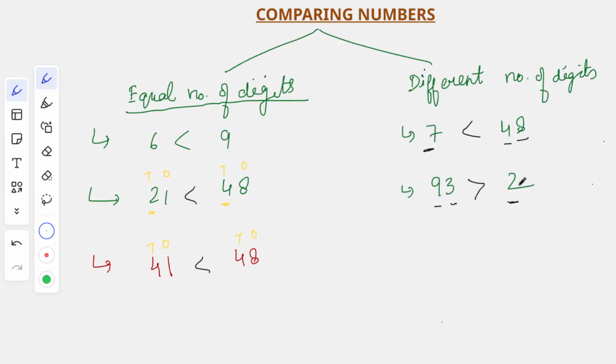Or you can say 2 is smaller than 93. Because the rule says the number which has more digits will be greater than the number which has fewer digits. Okay? Clear?